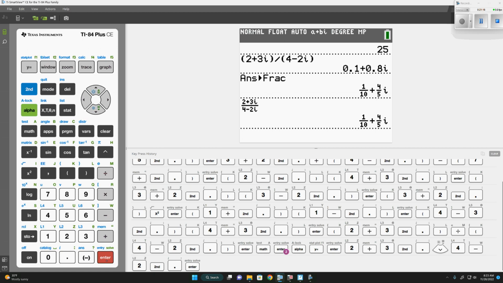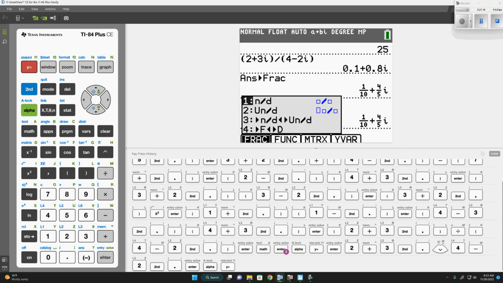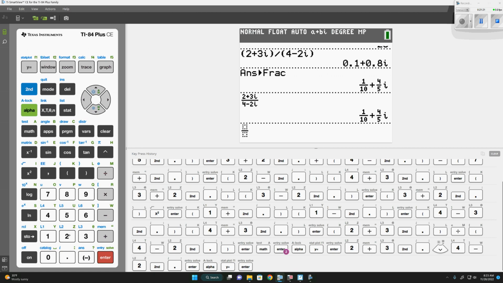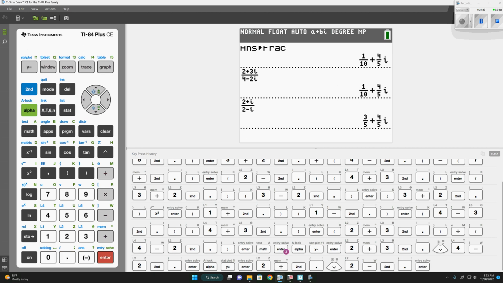So that means for us, the next problem, 2 plus i over 2 minus i, we could type it in exactly as we have it here. Hit enter, and it tells us that it's 3/5 plus 4/5 i.